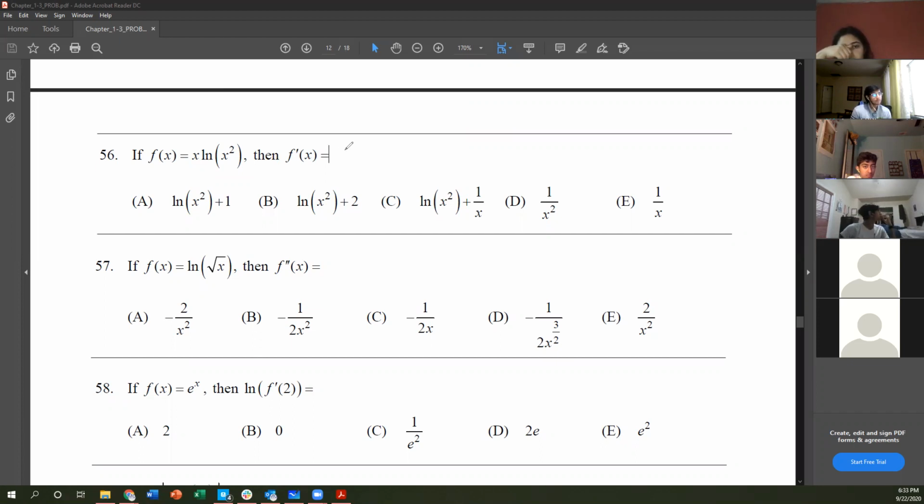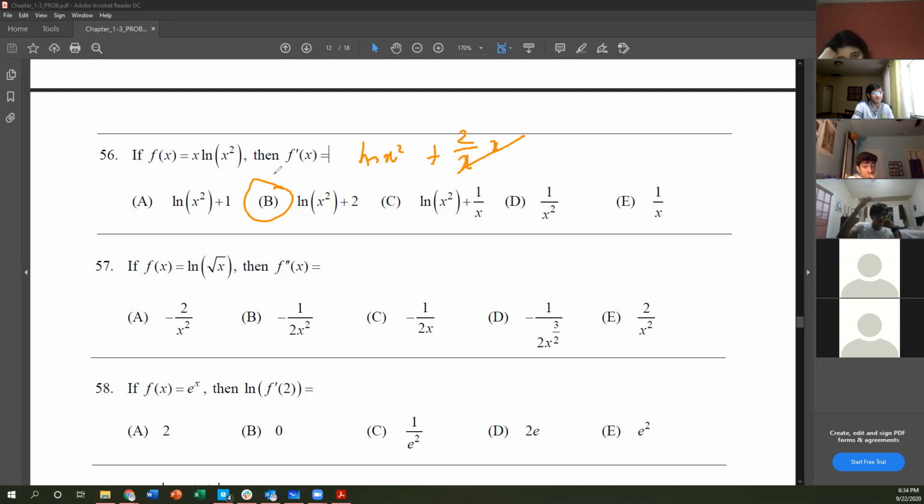So that would be 1 times natural log of x squared plus natural log of... so 1 plus 1 over x squared times x. Times 2x times x, right? Chain rule? Times x, yeah. So 2x over x squared will cancel, and you'll get 2 over x. But then we multiply that by x, so these cancel. So we get ln x squared plus 2. Plus 2. Okay. Do you see how quickly we can do that? Yeah. So that's the speed we're aiming for. So I think the answer would be B there.